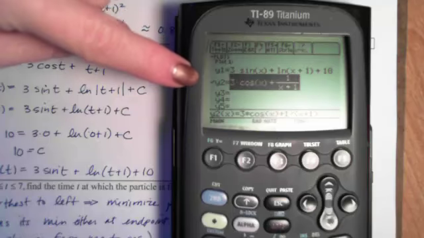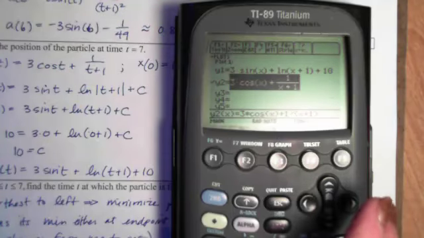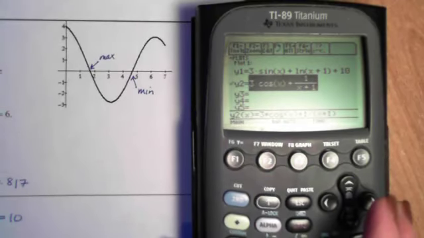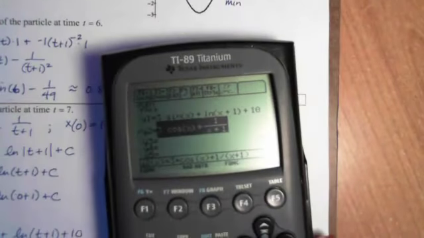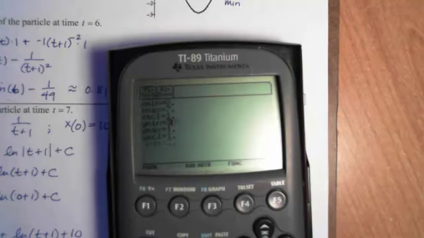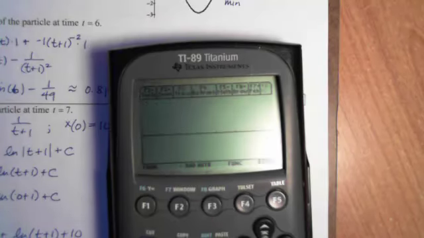Now I'm interested in finding the point on the velocity curve that crosses the x-axis, so we're going to turn off y1 and we'll graph y2 in the window that we were given up here. That looks like 0 to 7 and negative 3 to 4. So I'm going to change that window: my x min is 0, x max is 7, y min is negative 3, and y max is 4. Then we'll graph this.